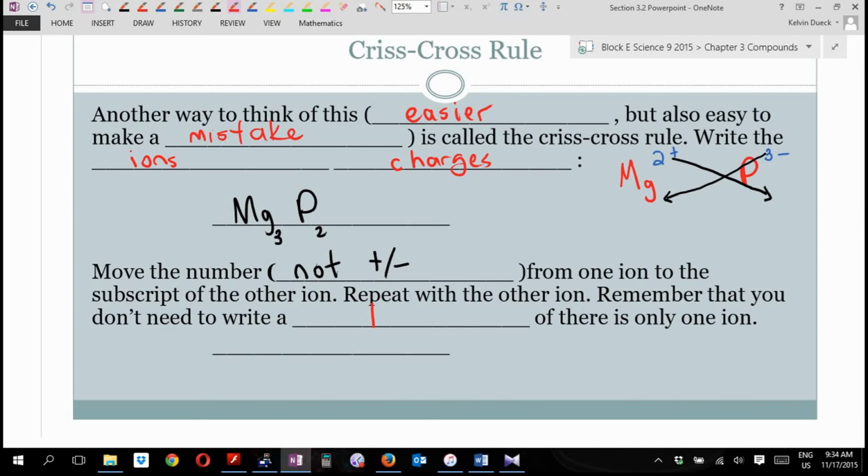So let's try the crisscross shortcut to combine aluminum and oxygen, aluminum oxide. What's the charge on aluminum? What's the charge on oxygen? The crisscross rule says, you know what? The 2 is going to end up there. The 3 is going to end up there. The chemical formula is Al2O3.